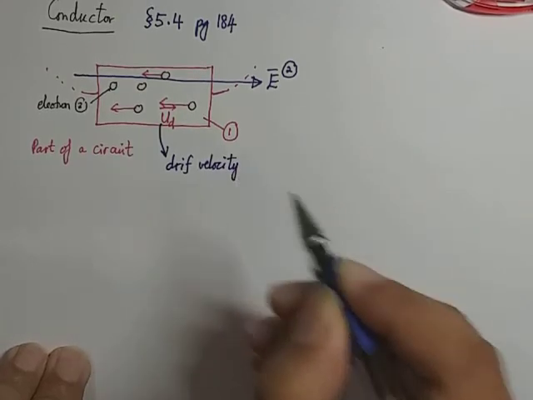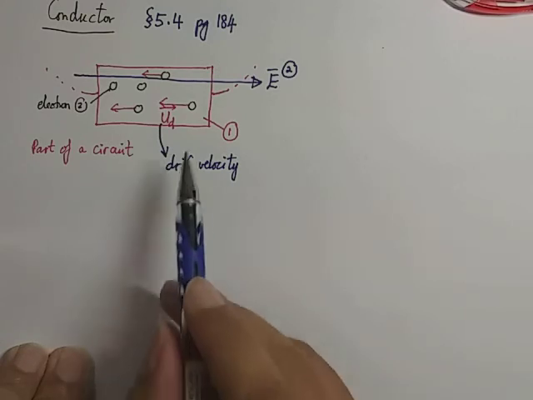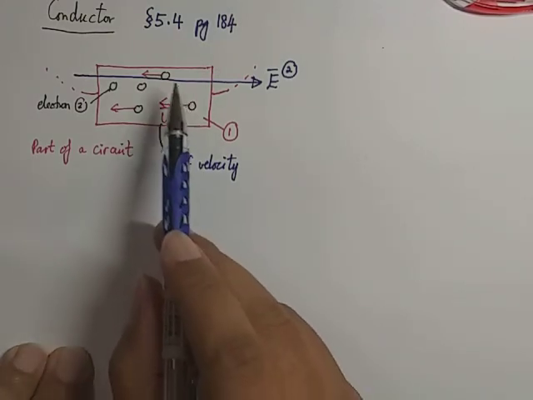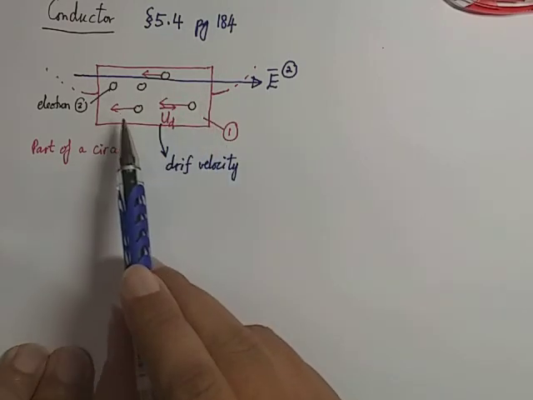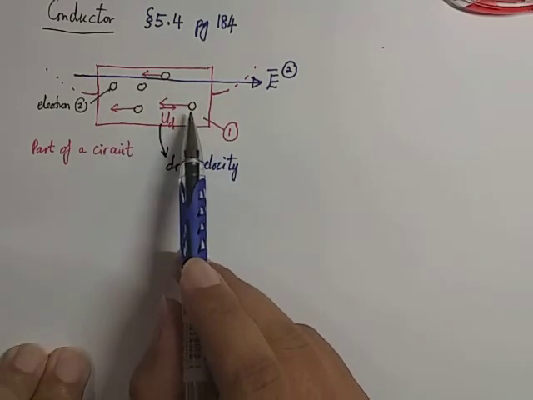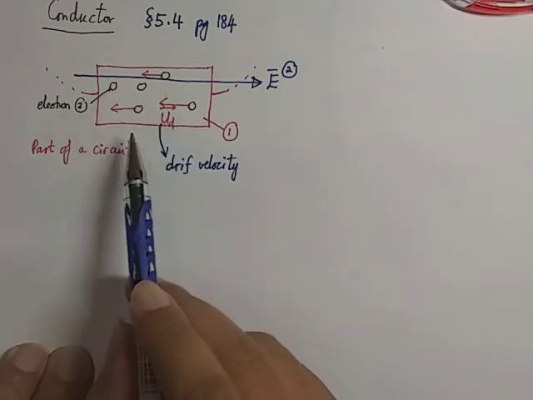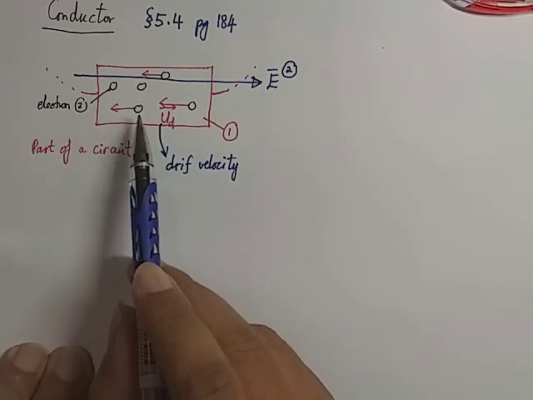So what it means here is the electron is going to move very slowly. Why? Because there's a lot of electrons in this region. Every time an electron tries to move faster, it's going to collide with the neighboring electrons, causing it to release heat.